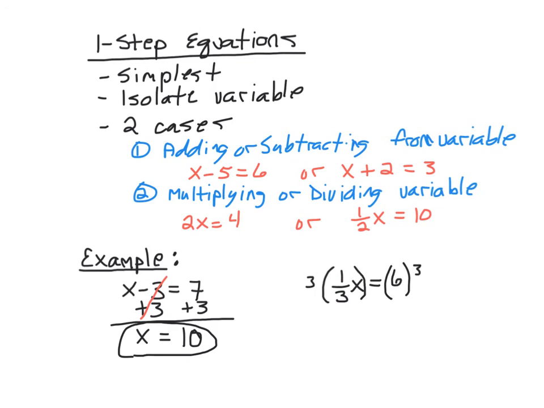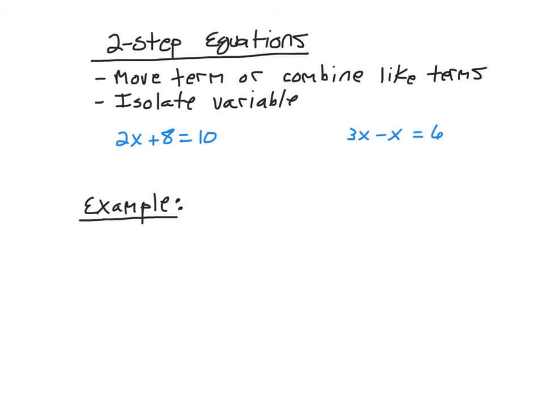Another way of thinking about it, and this is the way I was taught, is that 3 up top, 3 on the bottom, those cancel to be 1, and I'm simply left with my x. On the other side, 3 times 6 is simply 18. And now I've solved a one-step equation, and I have my solution, x equals 18. And that's the basic idea behind one-step equations.